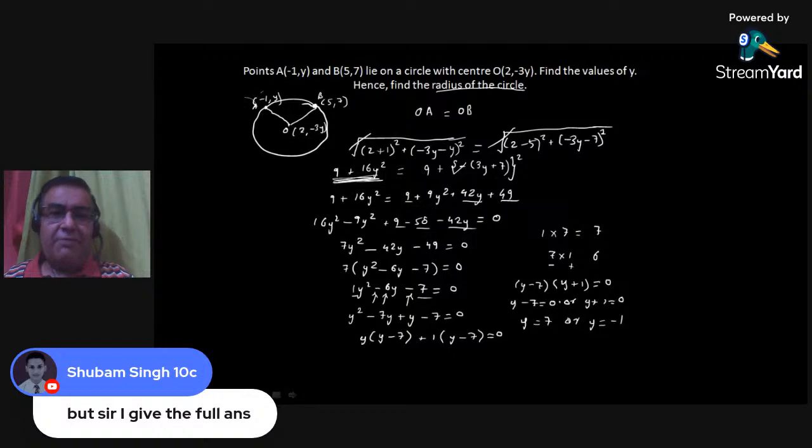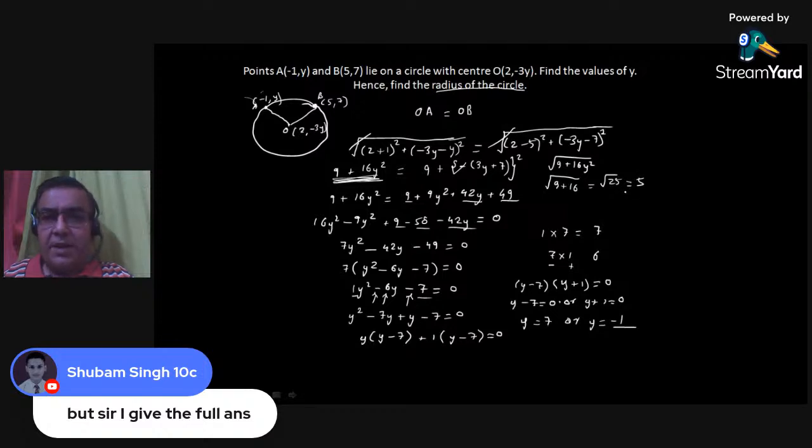We can take it as the square root of 9 plus 16y square. If we take y as minus 1, this becomes 9 plus 16, right? Because minus 1 whole square will give us 1, and 9 plus 16 is the square root of 25. So the radius should be 5 units.